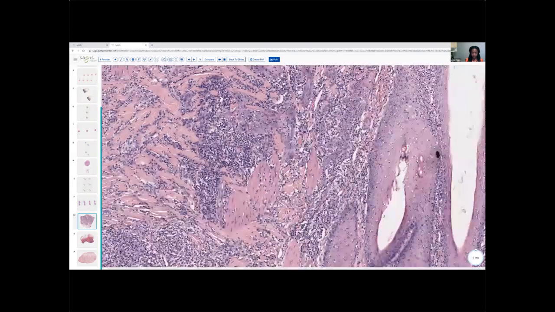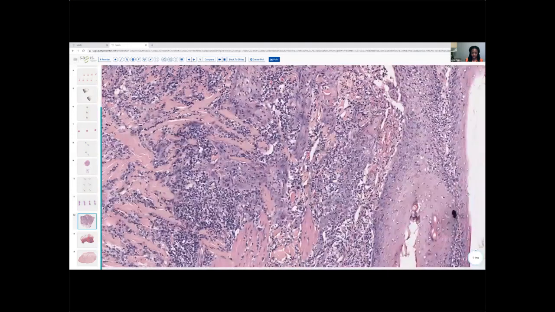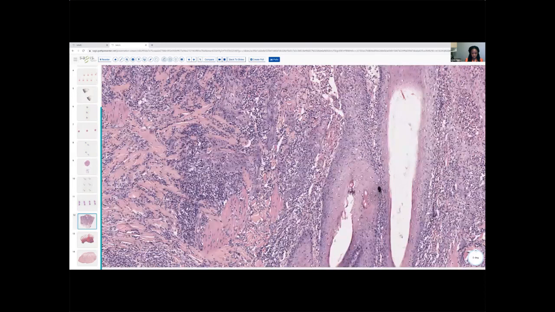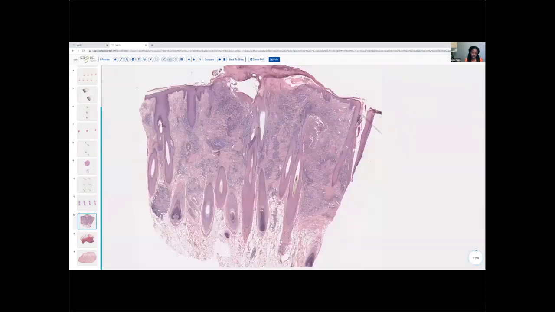Yes, there's some mixed inflammation, but the predominant cell type is these neutrophils. Stepping back a little bit again, we see that there's some polytrichia. So the hair follicles are essentially fusing. So you have 1, 2, 3 hair follicles all kind of fused together. And that's also a bit of a diagnostic, although not a completely unique feature.